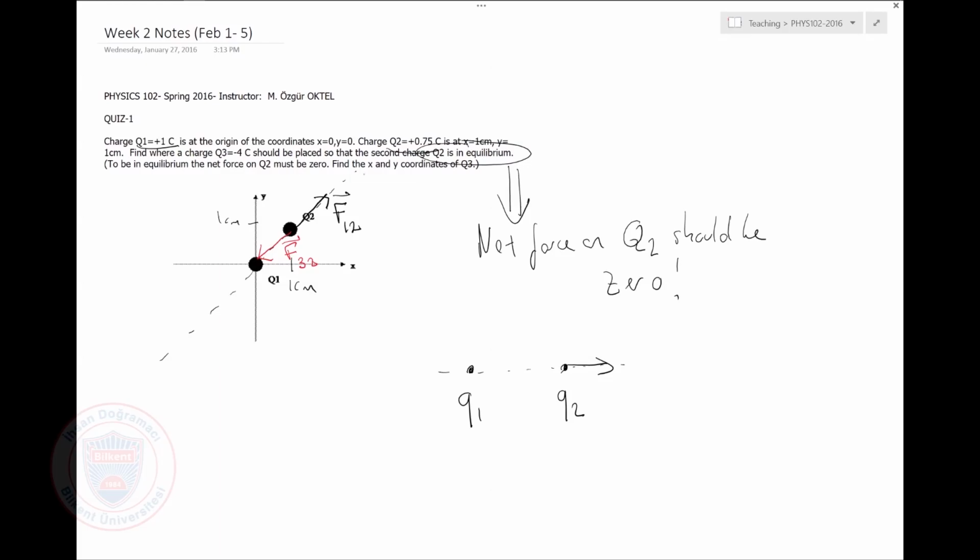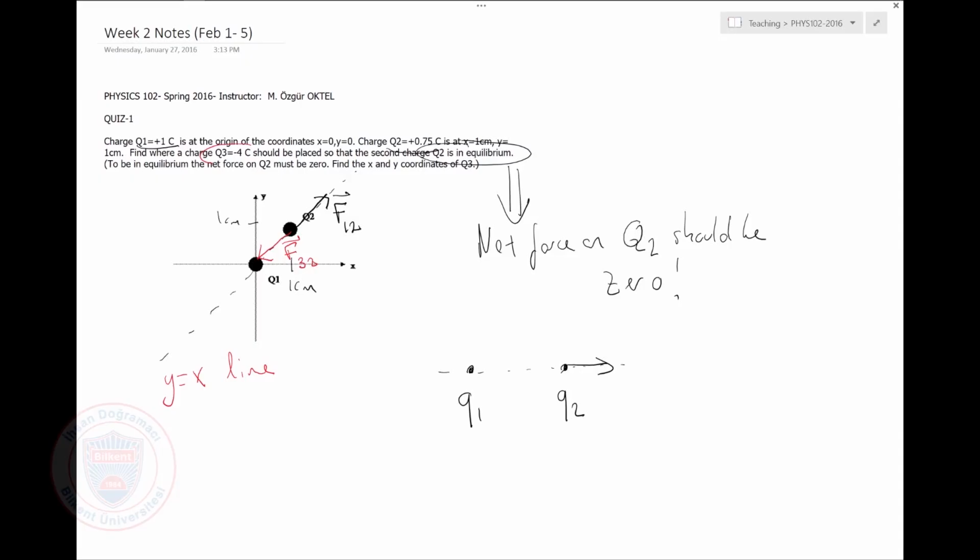So I know the direction of the force. So where should I place Q3? I can immediately say that I have to place it somewhere on this y equals x line. Why? Because if I put it any other place, there will be a component of the force which is not on this line, which will not cancel F12, right?